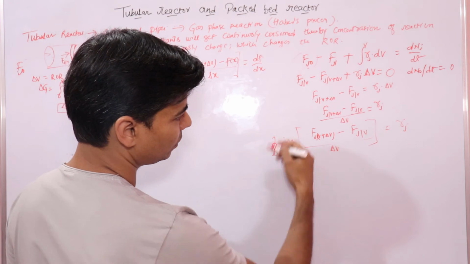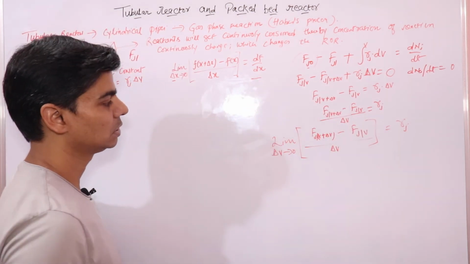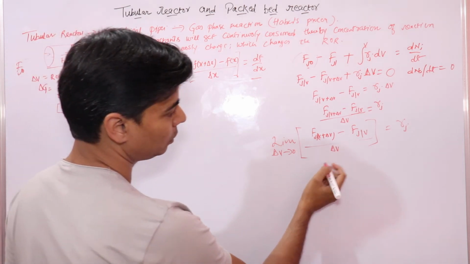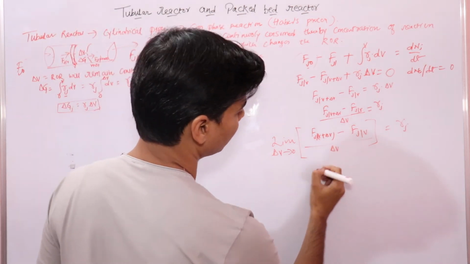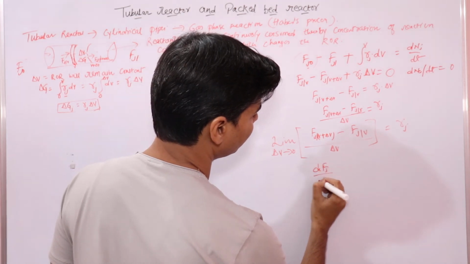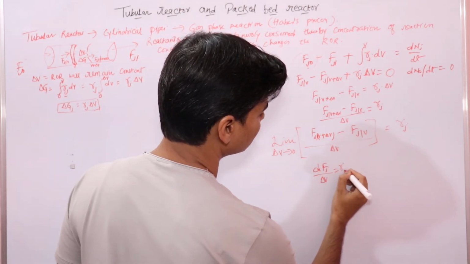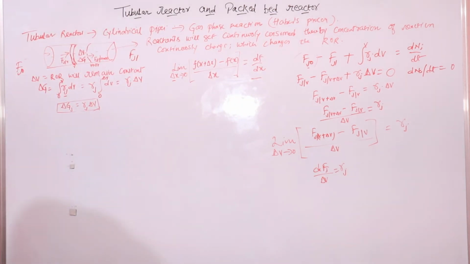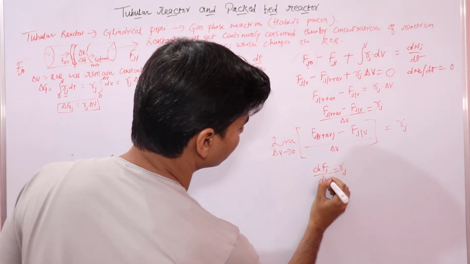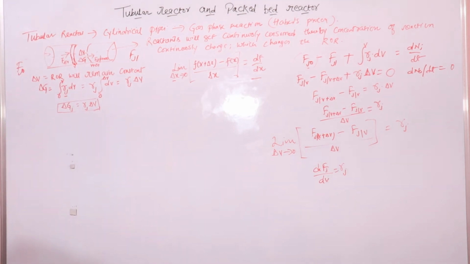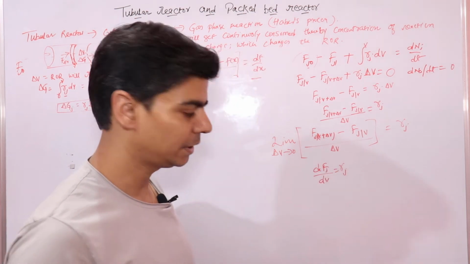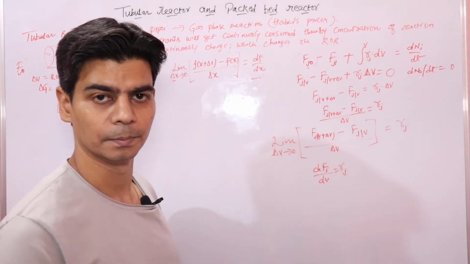So this entire thing, based on this formula, will become dFj divided by dV is equal to Rj. I'm sorry, this would be dV. This is the expression that relates the rate of reaction with the volume.